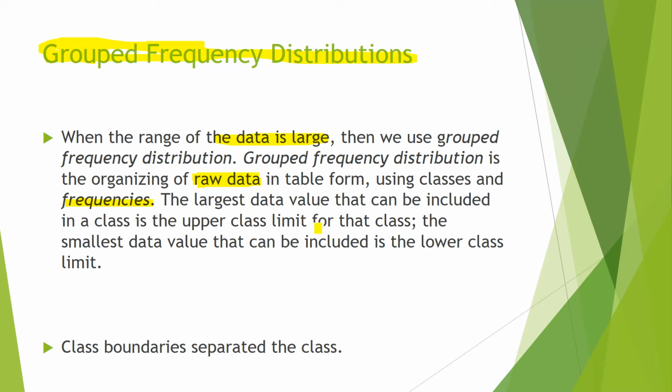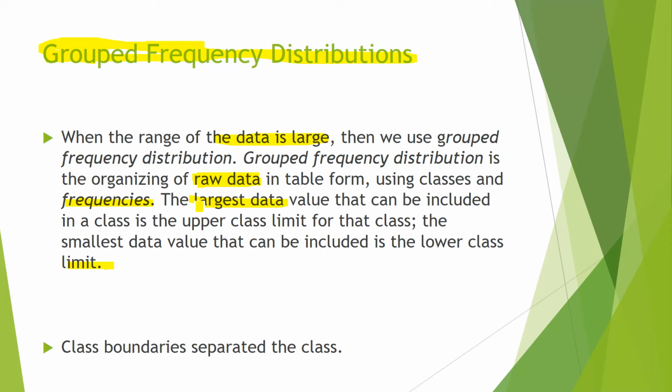The largest data value that can be included in a class is the upper class limit for that class, and the smallest data value that can be included is the lower class limit. Now what does it mean? Suppose we have a large amount of data and we are making classes with a width of 5. The first class is, suppose, 10 to 15.